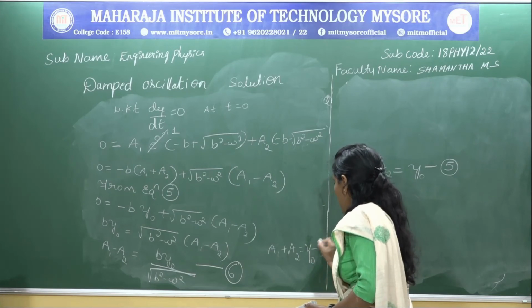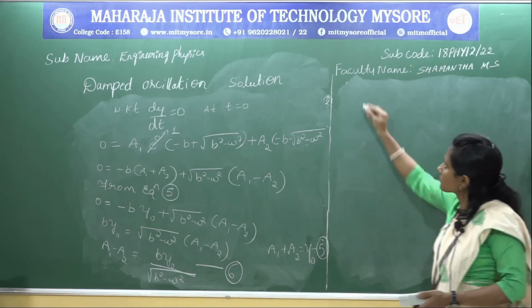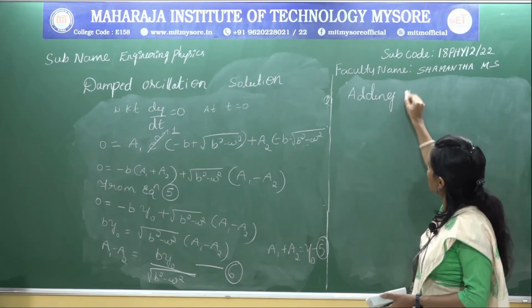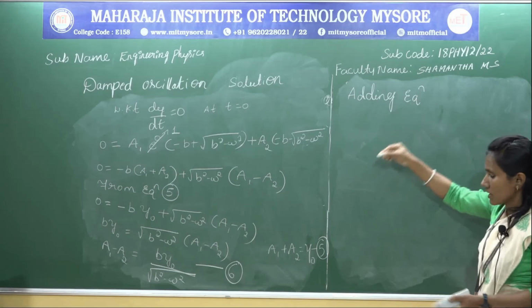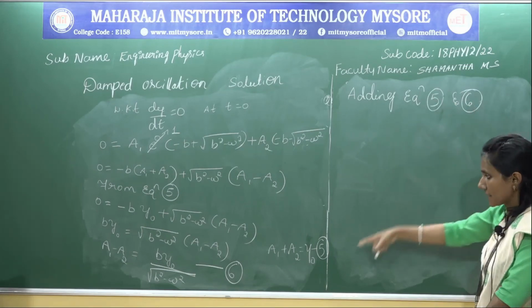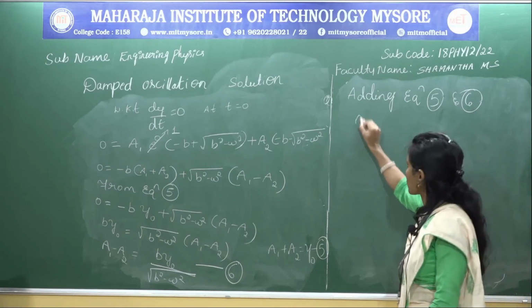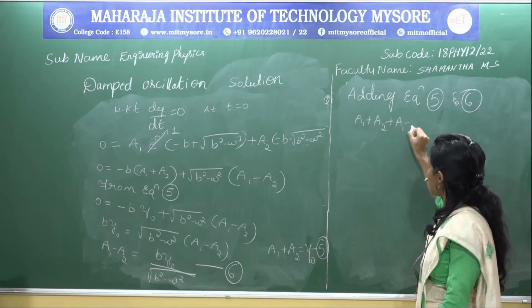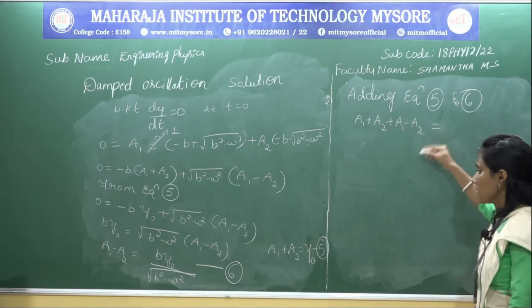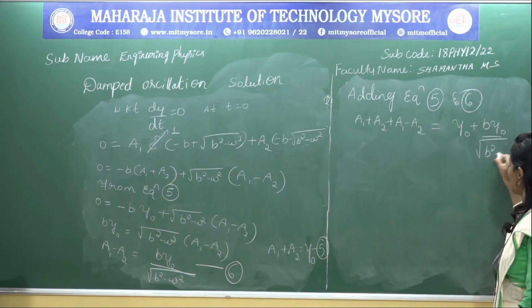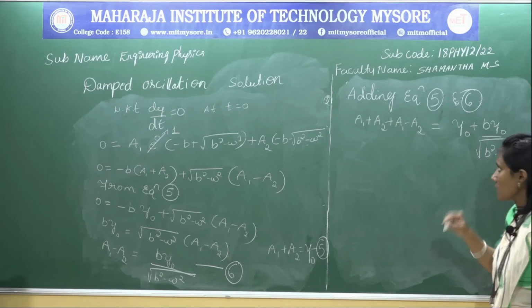By adding equations 5 and 6, a1 plus a2 plus a1 minus a2 is equal to y naught plus b y naught divided by root of b square minus omega square.